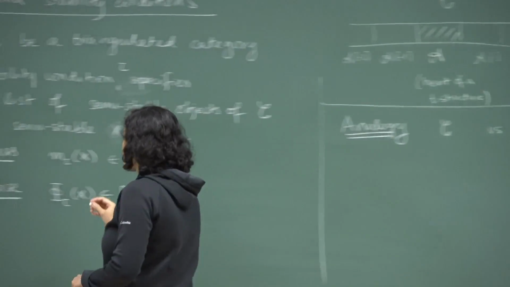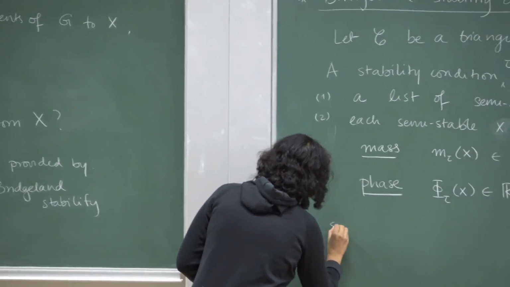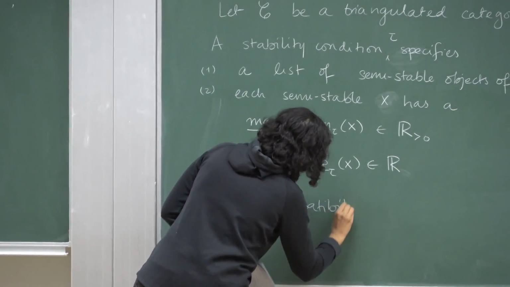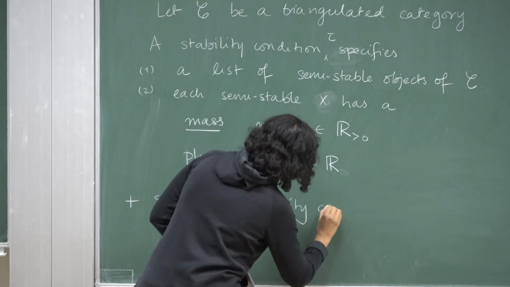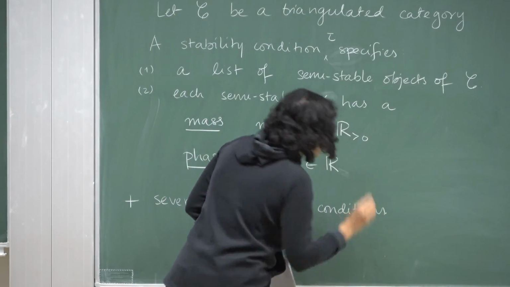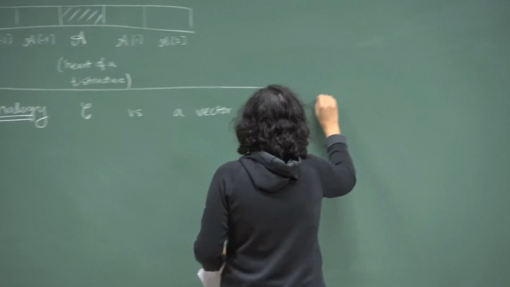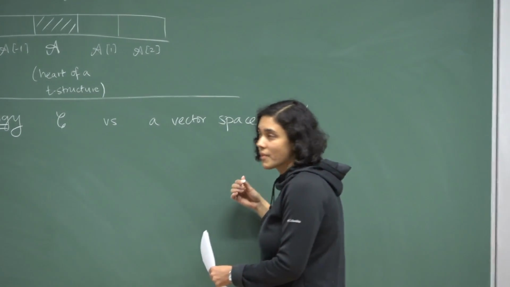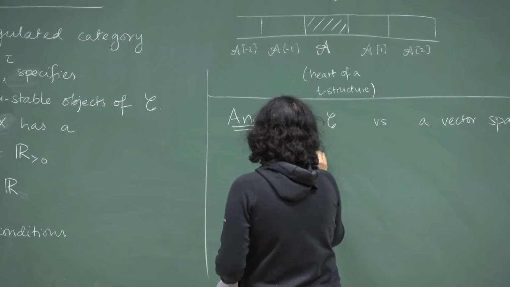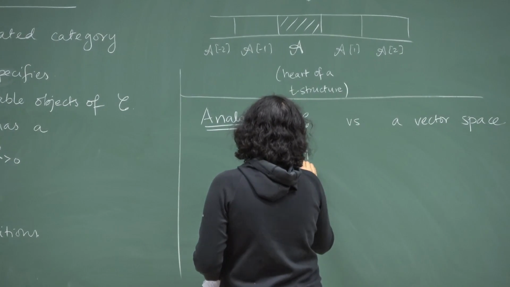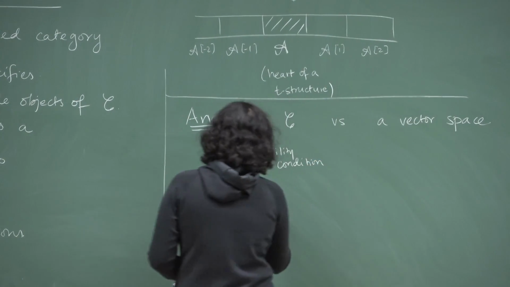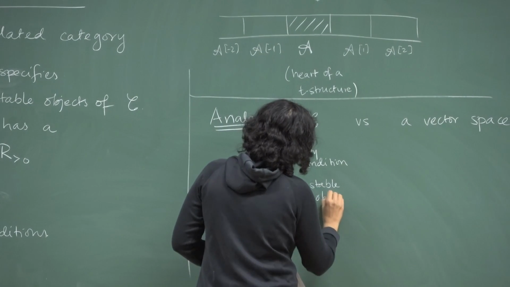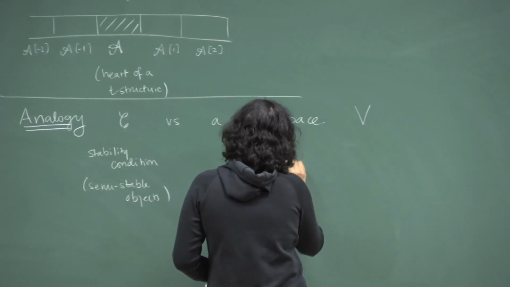Before I give this, I should say actually this plus several important compatibility conditions, which I haven't written, but I'll write one of them in a minute. So C versus a vector space V. Choosing a stability condition on C is kind of like choosing a basis for V. Or shall I say, the collection of semi-stable objects behaves sort of like a basis.